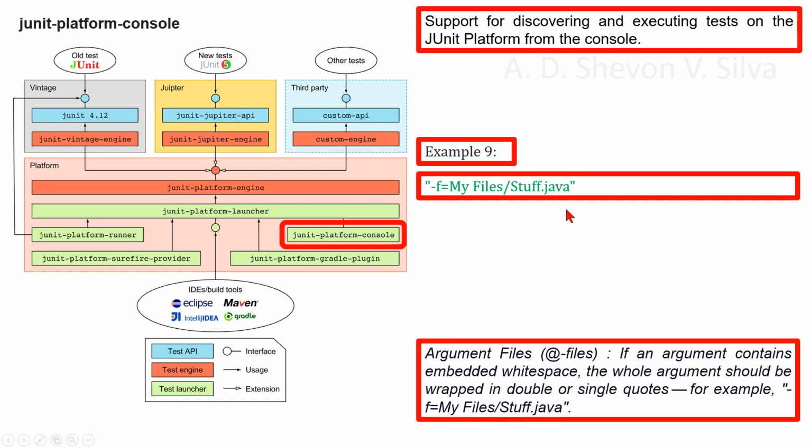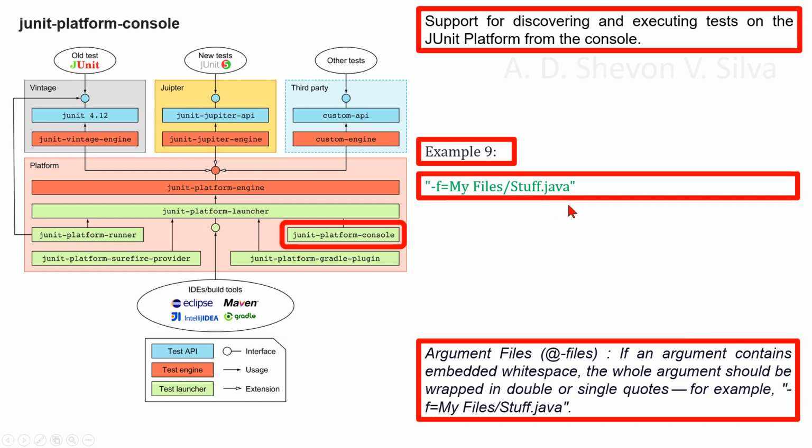If an argument contains embedded white space, the whole argument should be wrapped in double or single quotes, for example, here -f equals "my files/stuff.java" in double quotation marks.